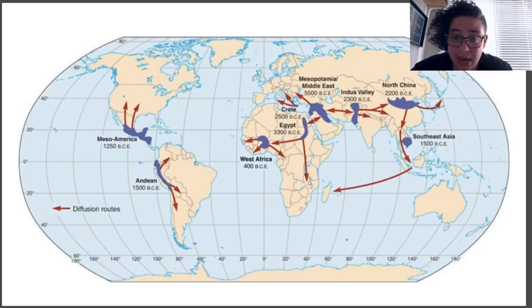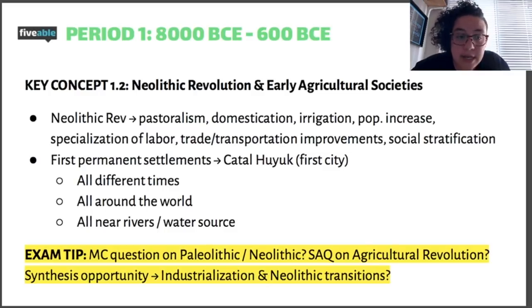They're at different times. And honestly, a lot of them didn't always know that the other ones existed, which means that this pattern of development is not unique to any one place. No one group of people was more specialized than the other. Human society really follows a similar pattern of development wherever you are. So that's key concept 1.2.